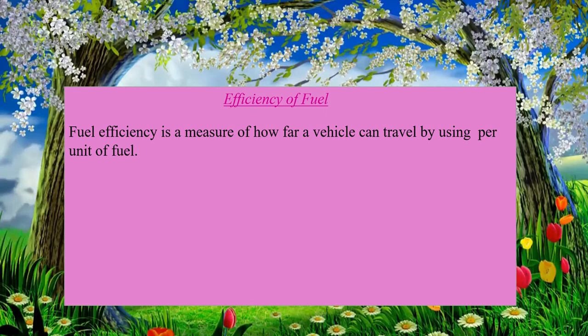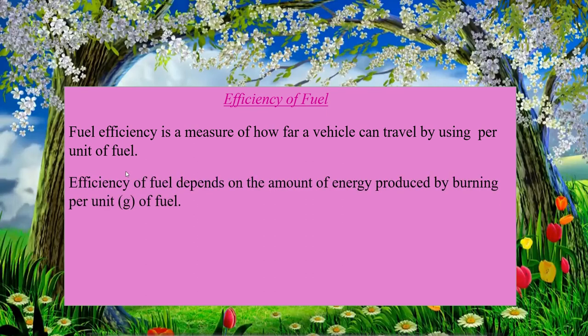So fuel efficiency is a measure of how far a vehicle can travel using per unit of fuel. Or we can say efficiency of fuel depends on the amount of energy produced by burning per unit of fuel. Per unit means per gram of fuel.